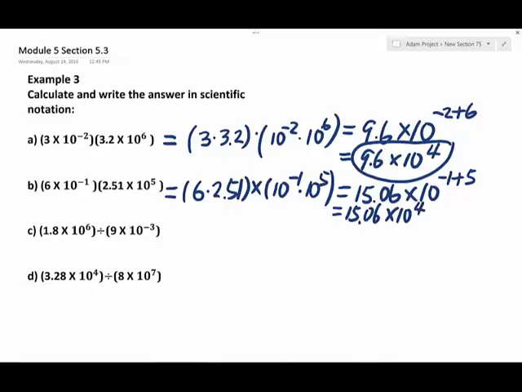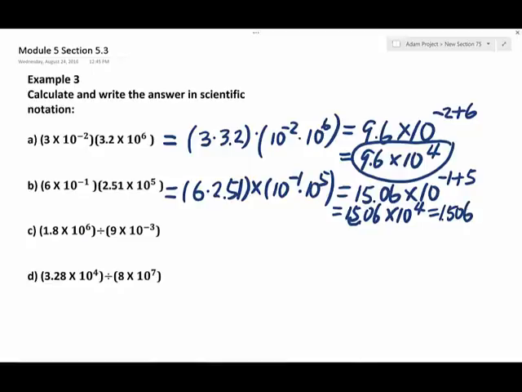However, this is not the final answer yet because 15.06 is bigger than 10, which means we have to do a little bit more conversion to make it scientific notation. If you move the decimal one place to the left, you come up with 1.506.